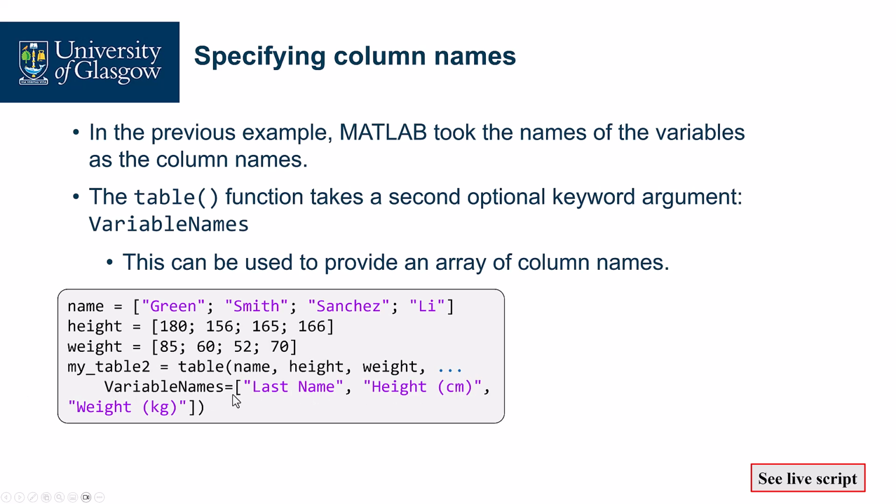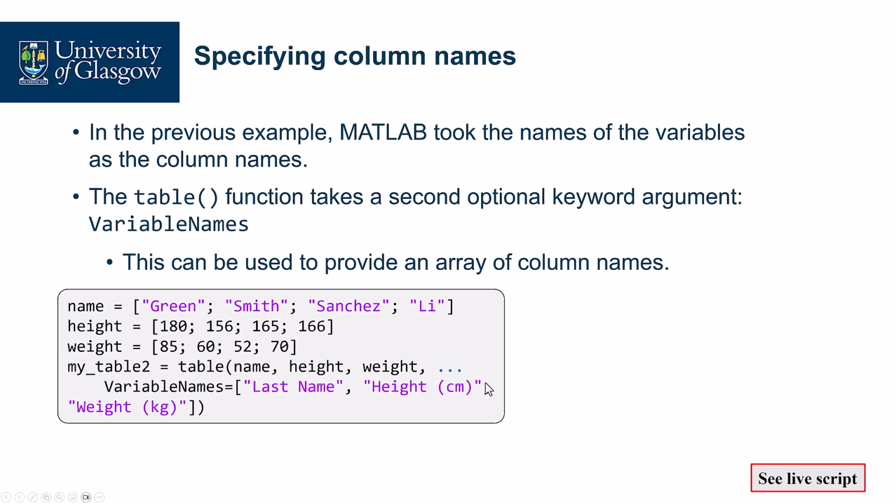I use VariableNames, this is a keyword, followed by square brackets. In the square brackets, I put three new names, right? LastName, Height_cm with centimeter as a unit, and Weight_kg with kilogram as a unit, and we put them together in square brackets, separated by commas.